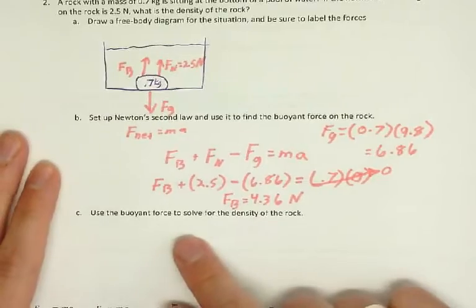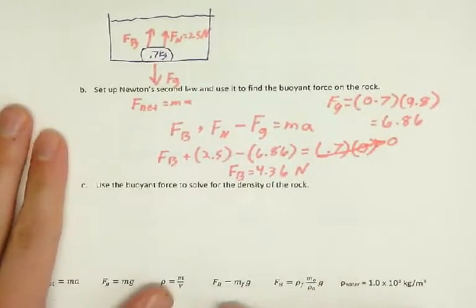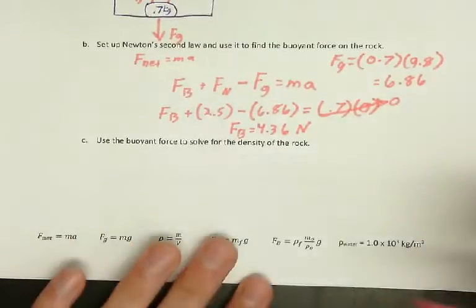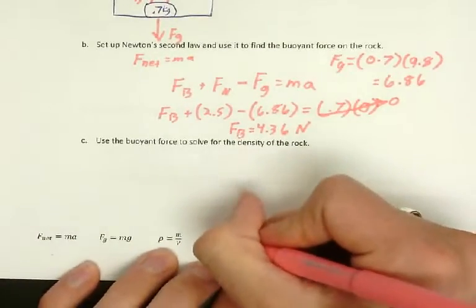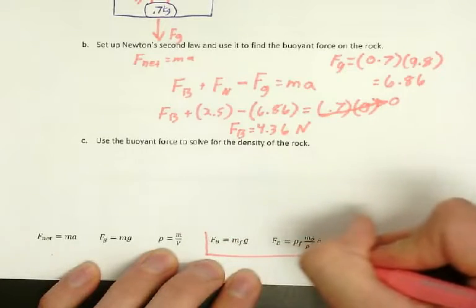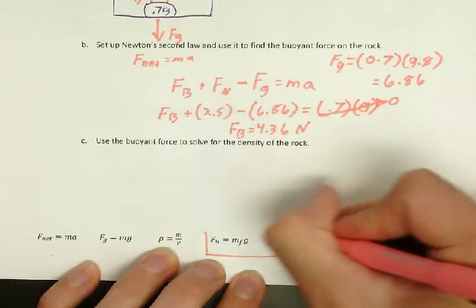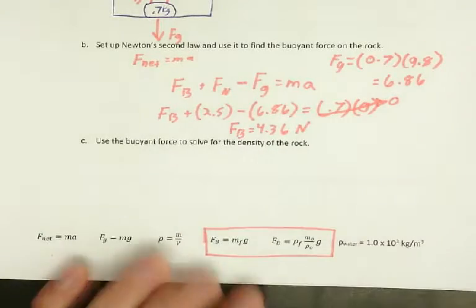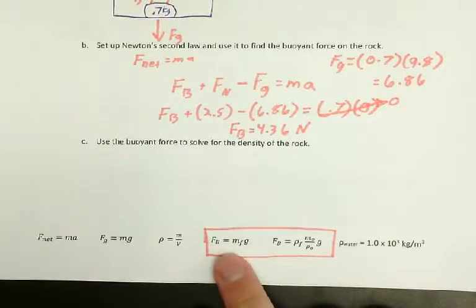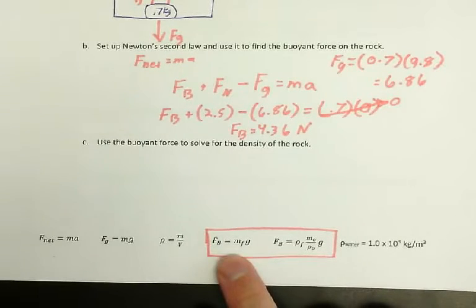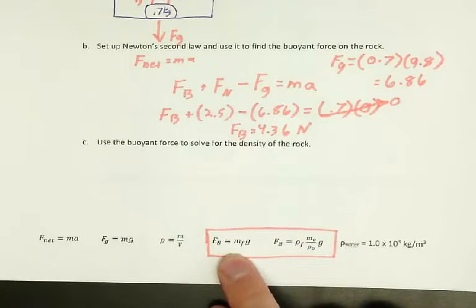So then use the buoyant force to solve for the density of the rock. So here are your two buoyant force equations. This is the one you usually use if you are just trying to figure out the number.